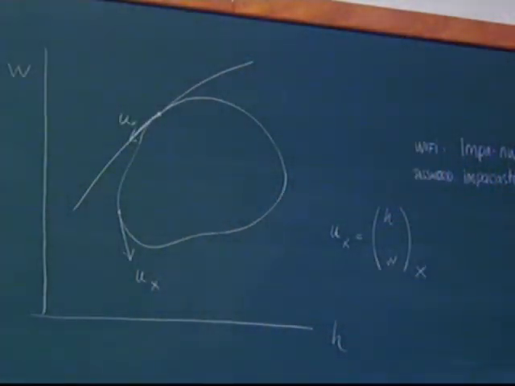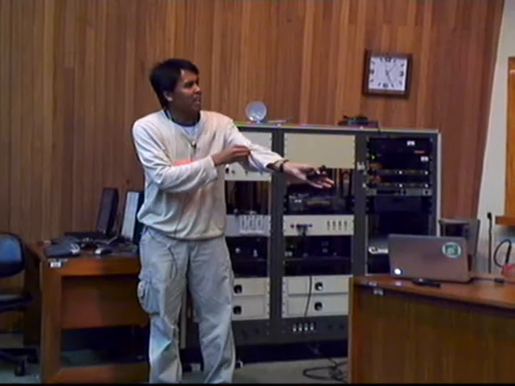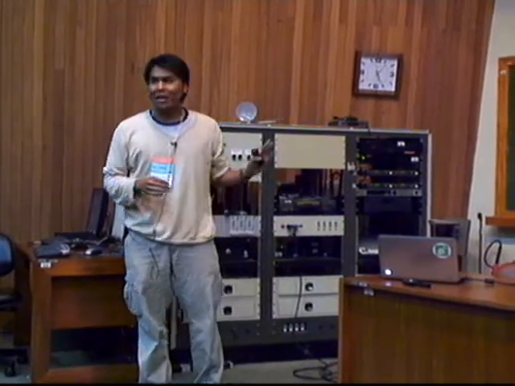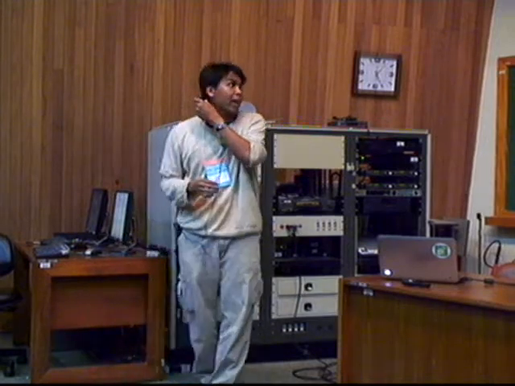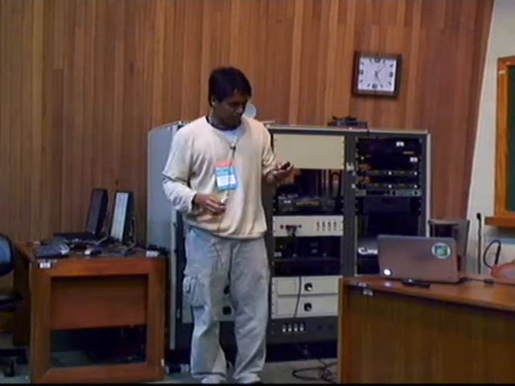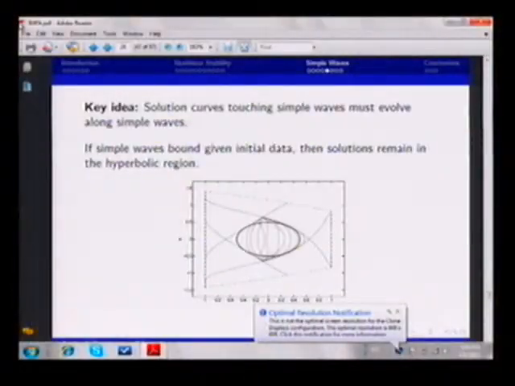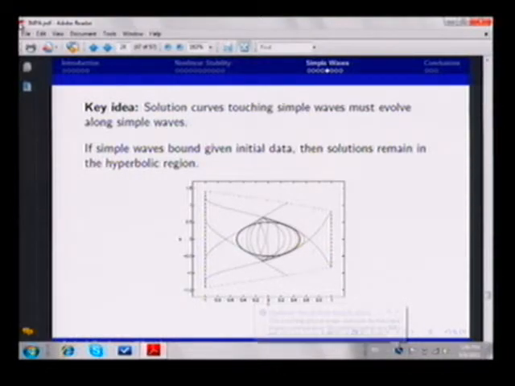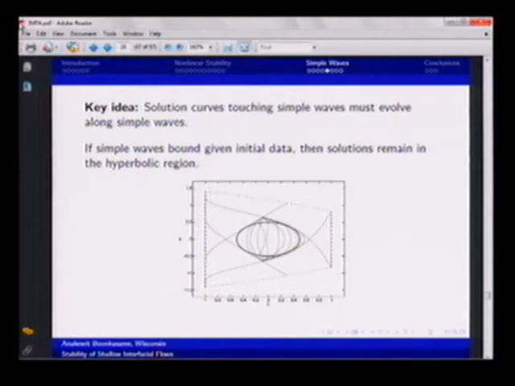Right. So that would be an explanation for a general situation. There's some technical issue that I might come back to explain later if I have time. All right. So from this key idea, let me show you what happened. Suppose you have initial data and you can bound it with simple waves.